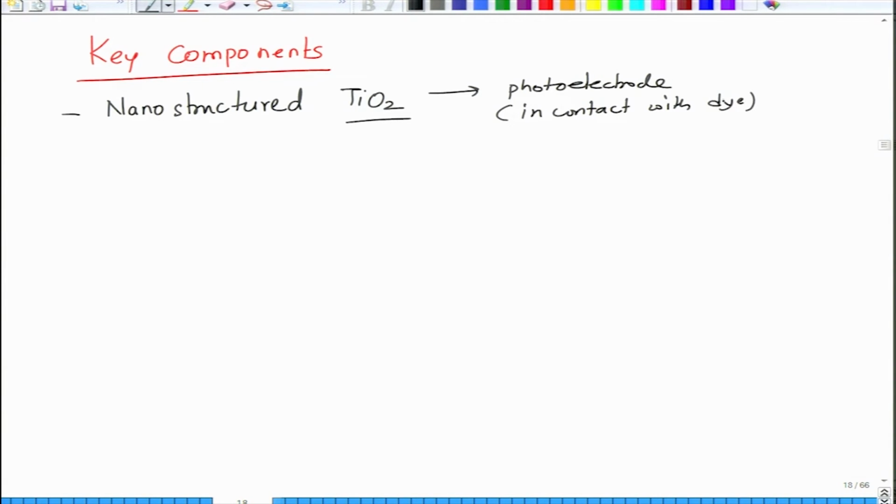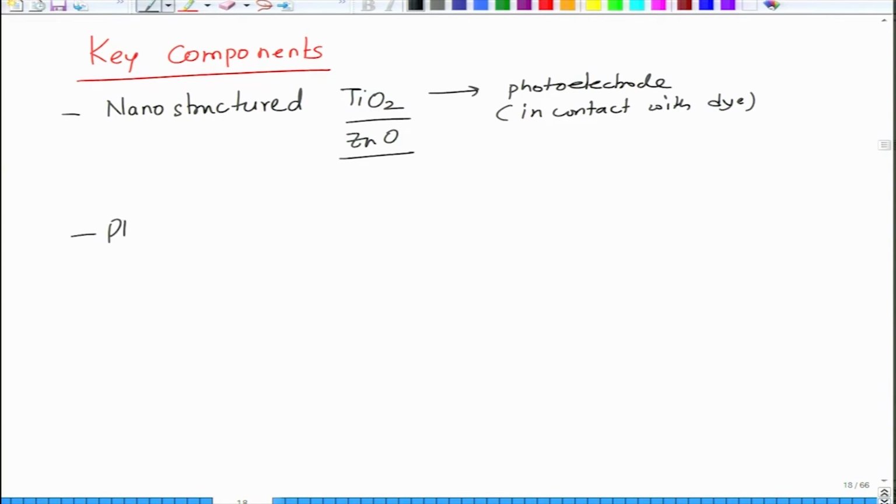So you want to maximize the surface. Nanostructured TiO2 is there. People also use zinc oxide. Optimization of this TiO2 is extremely important through careful processing.